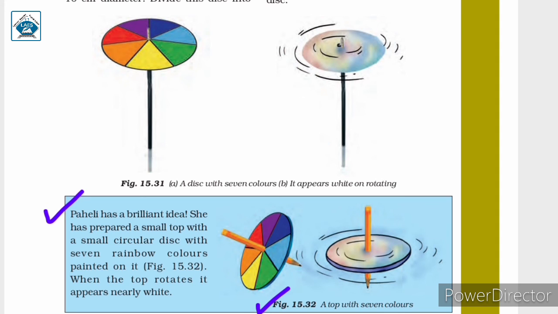That is, she took a circular cardboard, she made 7 divisions, colored it, and then she passed a pencil through it and she could easily rotate it. अब जब rotate होगा, जब spin करेगा freely, then the different colors get mixed and the color on the top appears nearly white. So from this we can easily say that white light is made up of 7 colors.